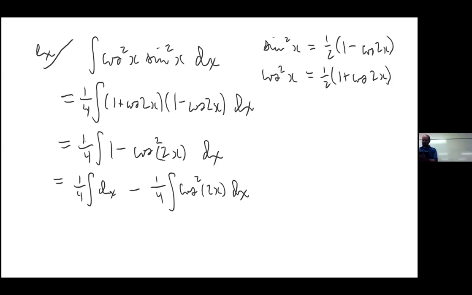What's cosine squared of 2x equal? It's 1/2 times 1 plus cosine of 4x, since 2x is half of whatever the angle is in here. Make sense?